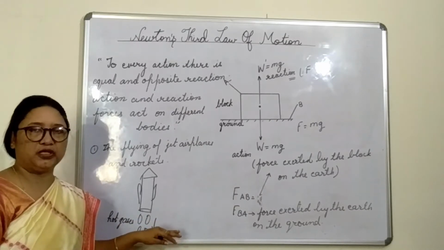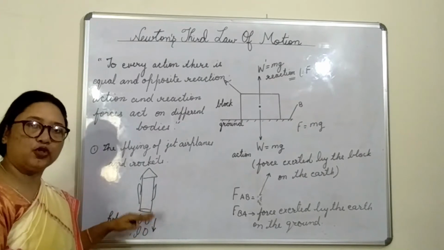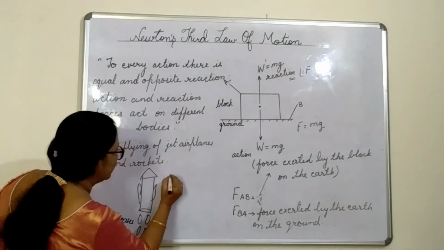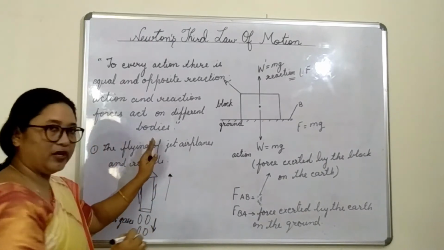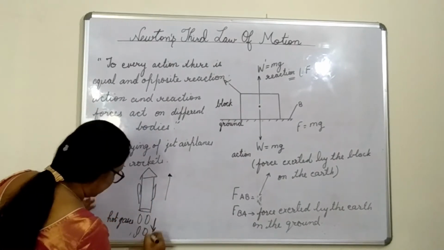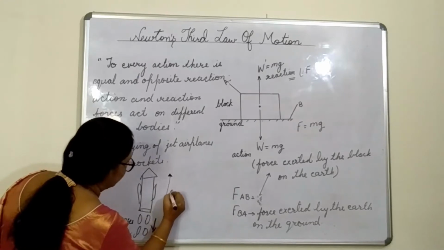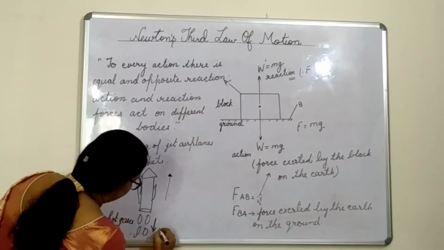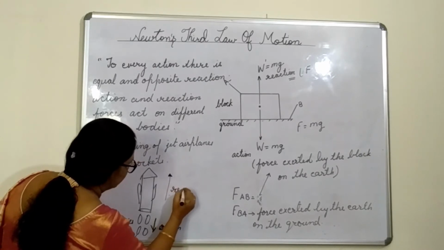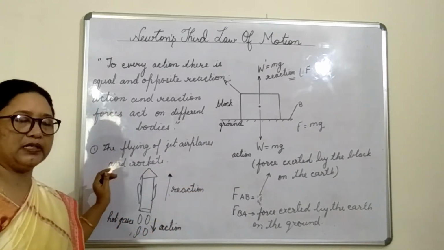The equal and opposite force of the gases moving downward pushes the rocket forward with a great force. So when gases are moving downward with a great speed, the rocket is going upward. This is action and this is reaction. So this is one of the examples.